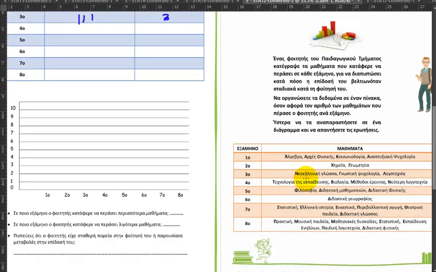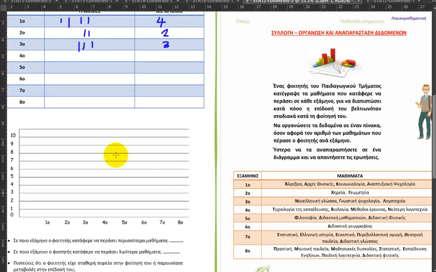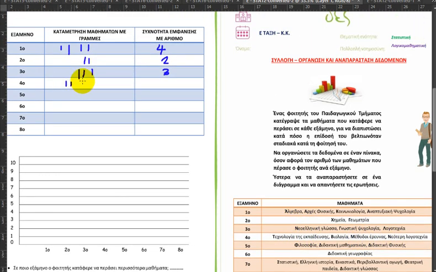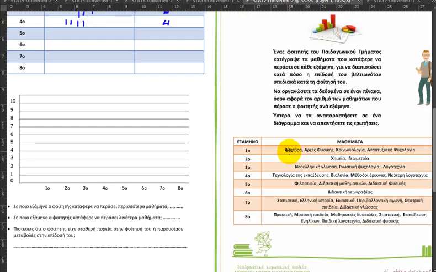Fourth half is 1, 2, 3, 4 lessons again. Then we have, which one? Fifth one. Okay, 1, 2, 3. And the sixth one, just one lesson.